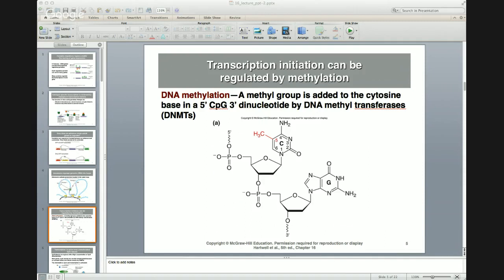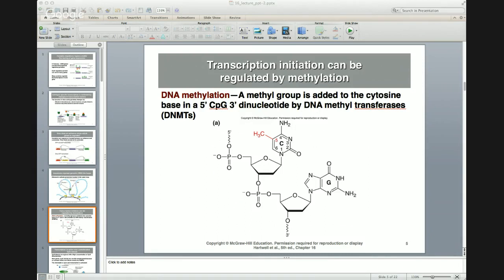And that allows for the chromatin structure to be opened. And we know that an open chromatin structure allows for gene expression. So methylation decreases gene expression. Gene expression and methylation are inversely related. The more methylation you have, the less expression you have.